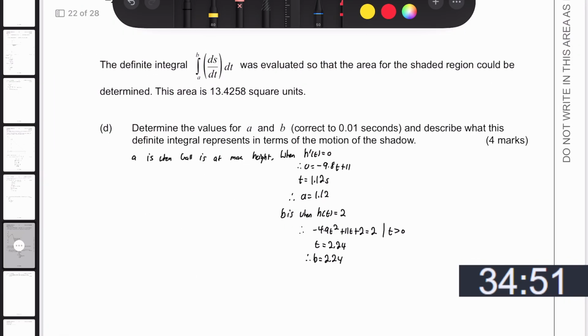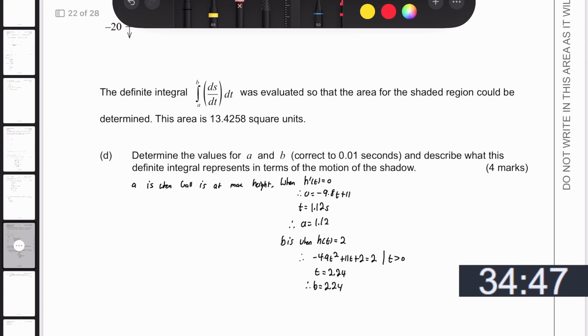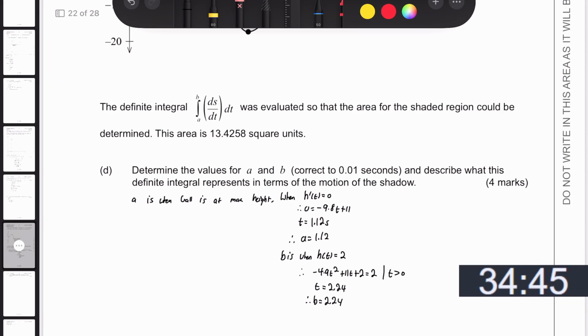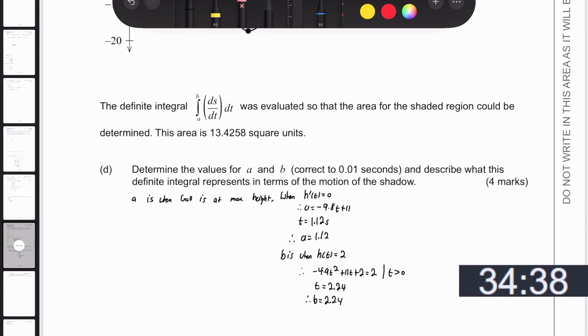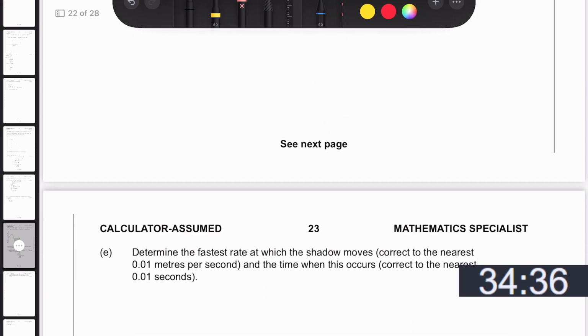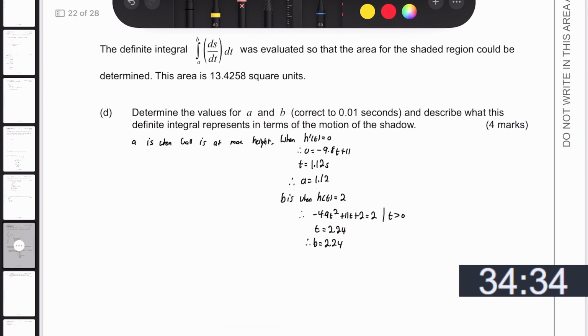Now this is the displacement. You're back. My mother just came in, so we found a and b. Describe what this definite integral represents in terms of the motion of the shadow.